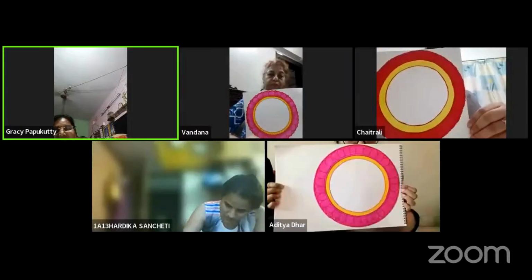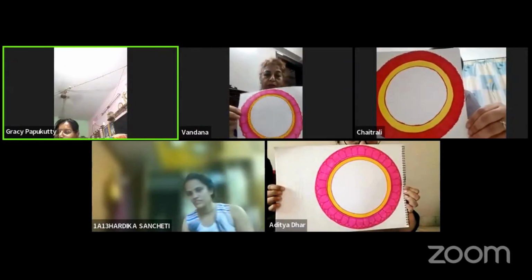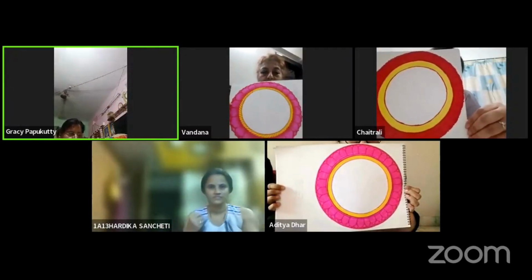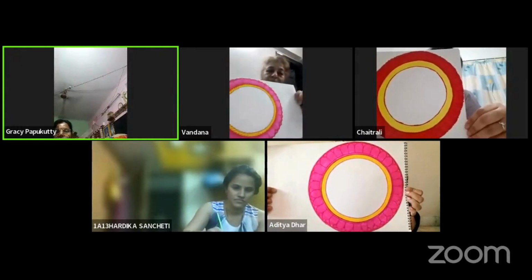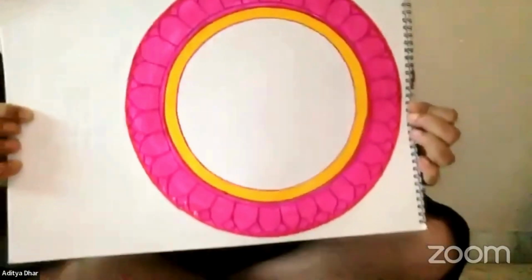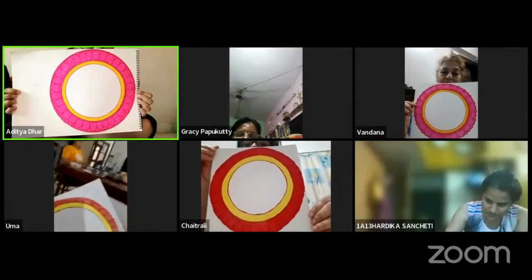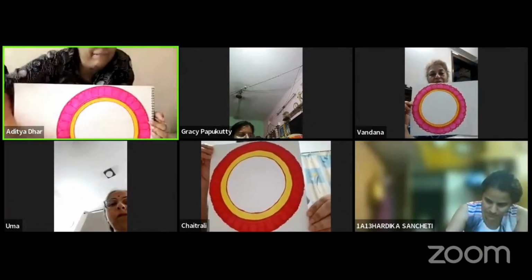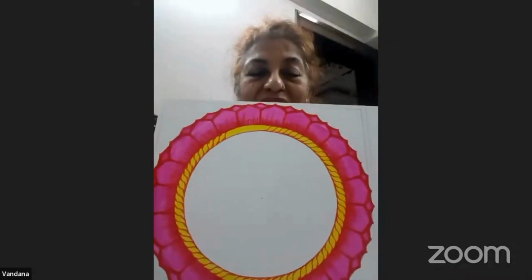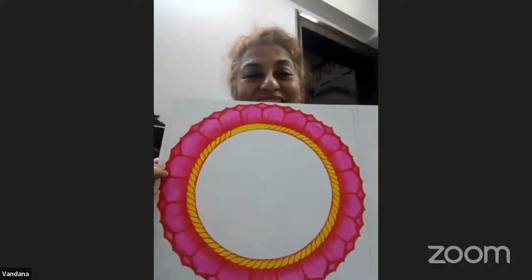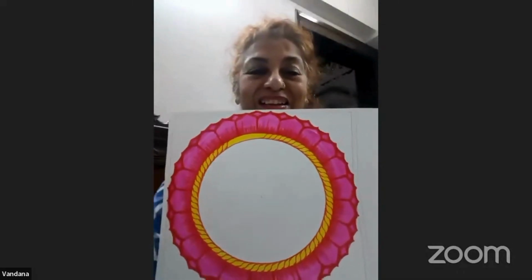Wonderful, very nice. And I can see Aditya Dhar. You're trying to show. One second. Wonderful, very nice. Very clean work. Vandana ji, let's have a look at yours. Oh, beautiful. Oh, wow. Lovely. So I can see the design on the yellow part too. It's looking amazing. Very nice.